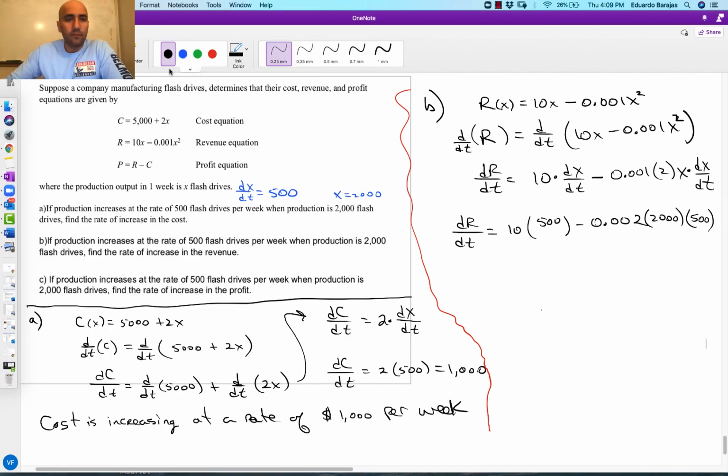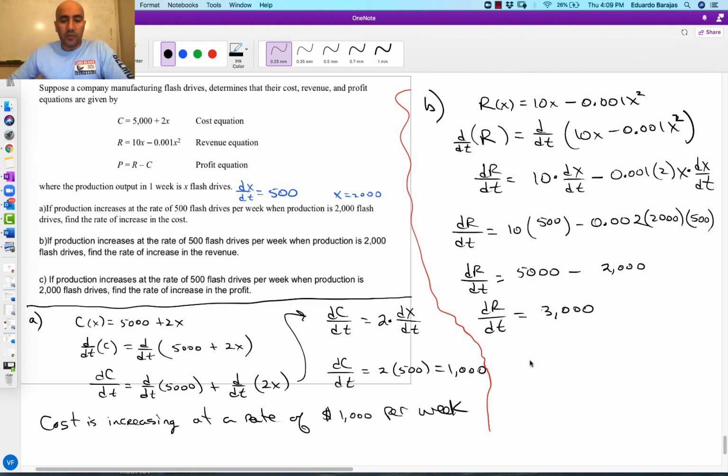So we have that dr/dt is going to be equal to 5,000 minus, and this is going to end up being 2,000. So dr/dt equals 3,000.